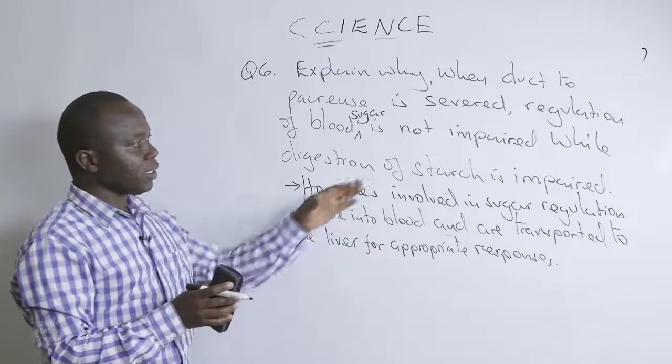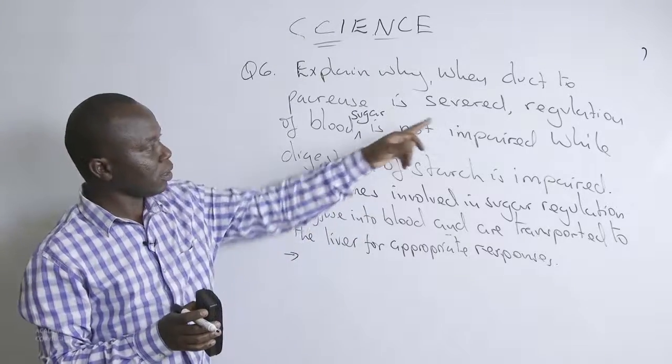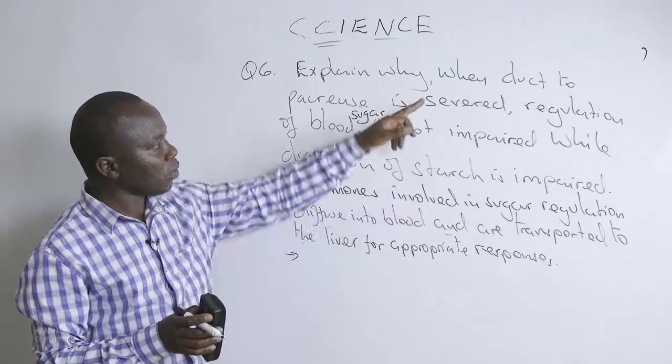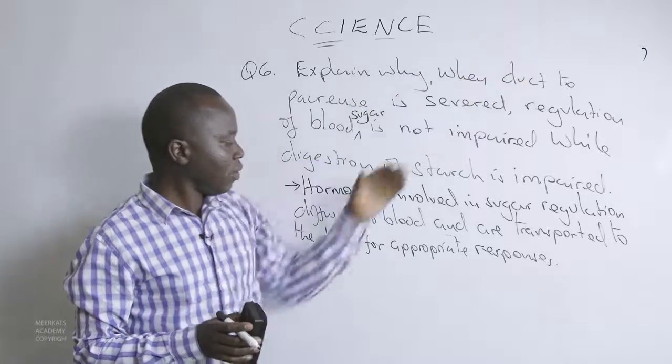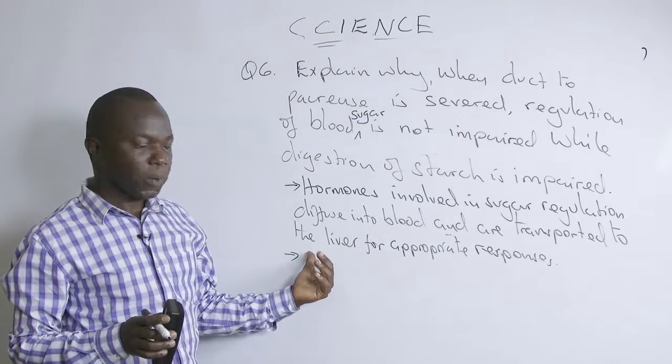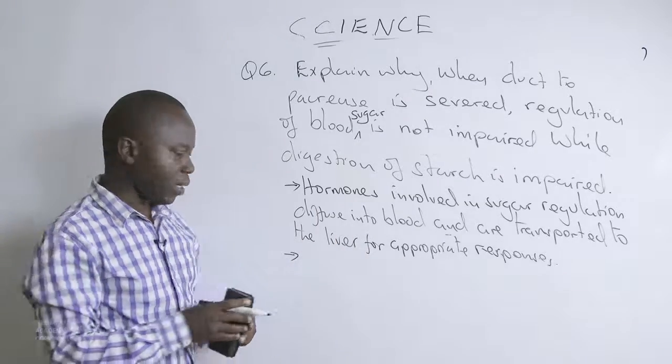But for pancreatic juice to get to the duodenum, it has to go through the duct. So cutting of the duct will interfere with the supply of pancreatic juice to the duodenum.